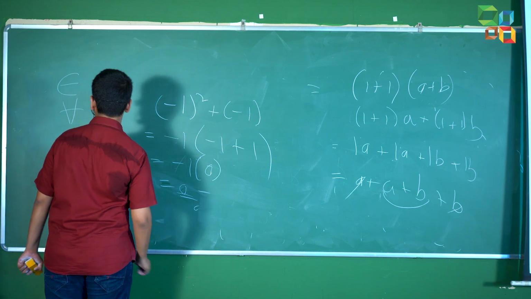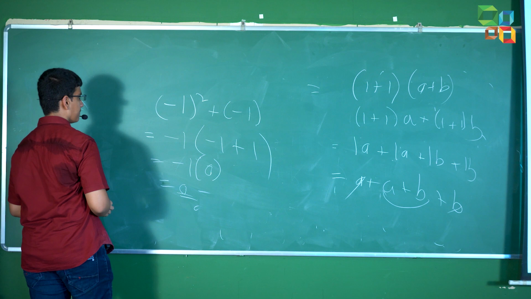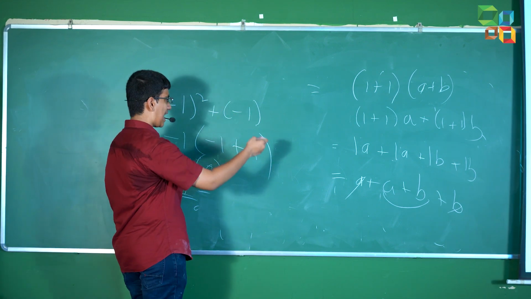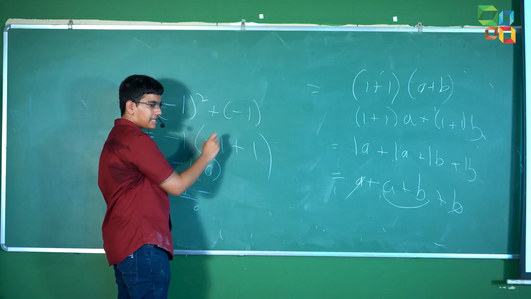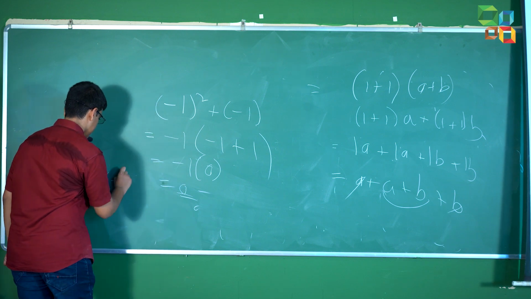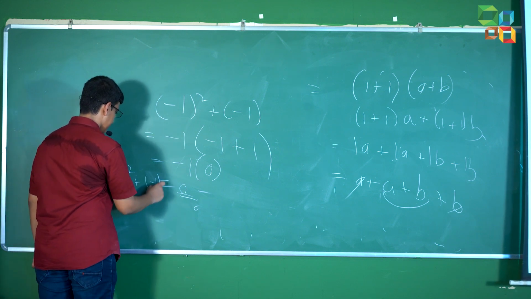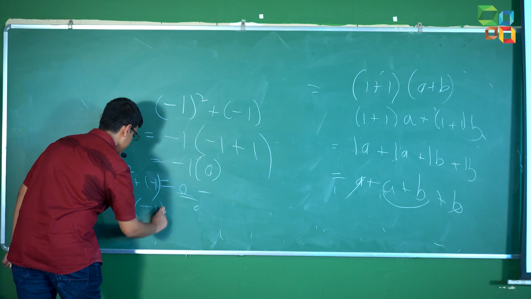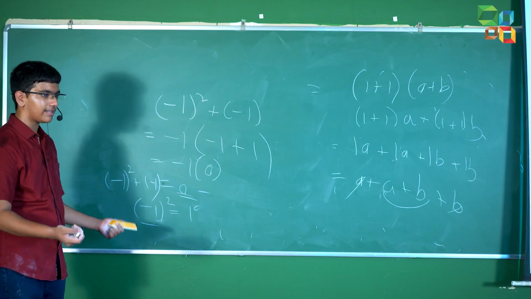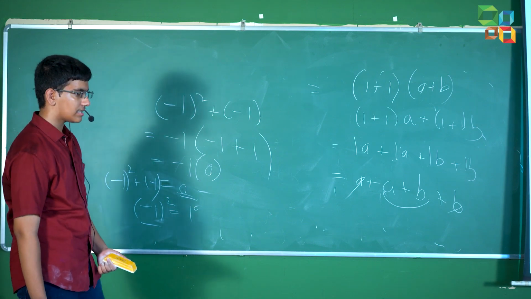So now you see that negative 1 squared plus negative 1 is 0. Now, if you move the negative 1 to the other side, you see that negative 1 squared equals 1. So that's a proof for why negative into negative is positive.